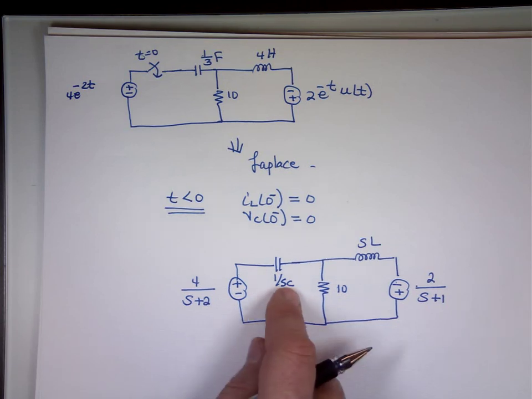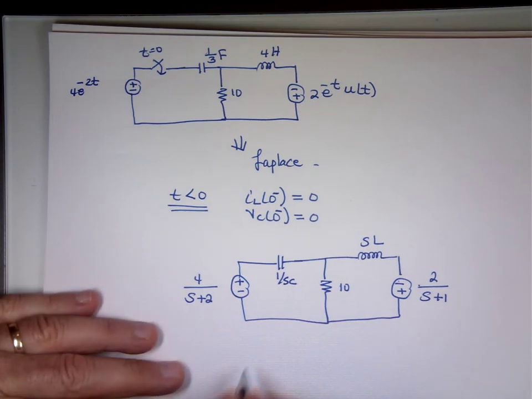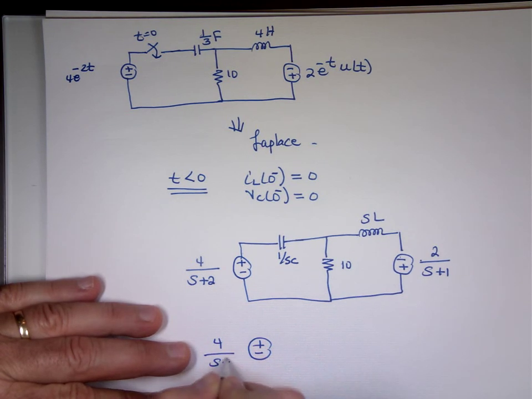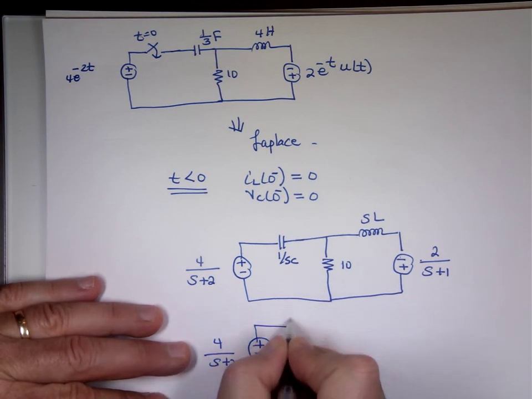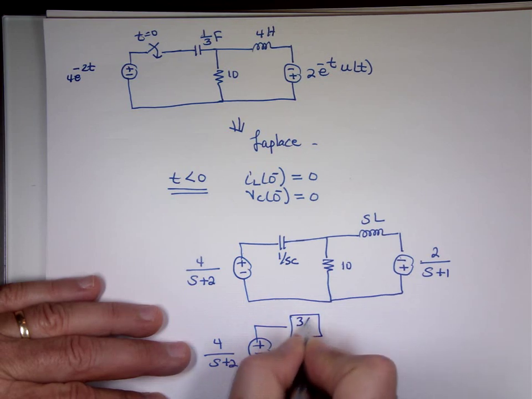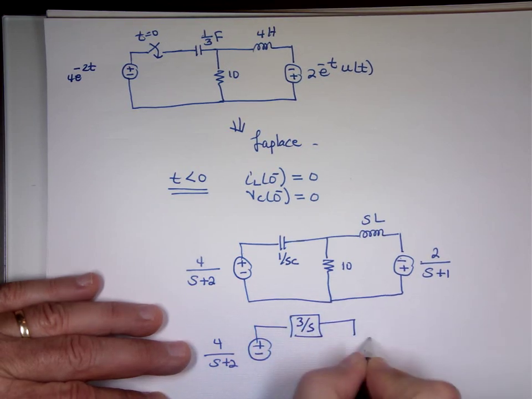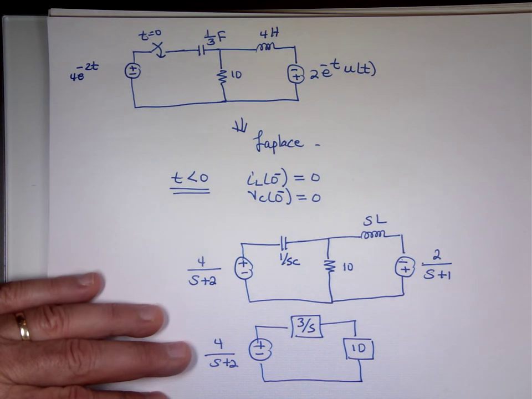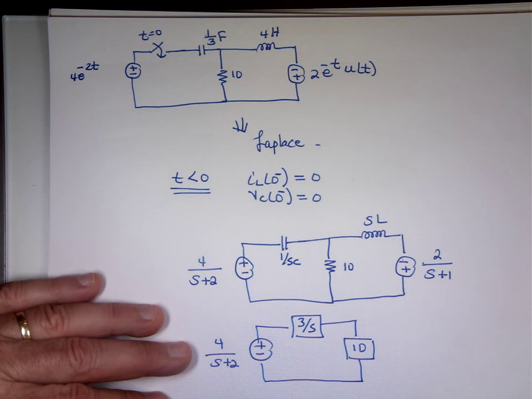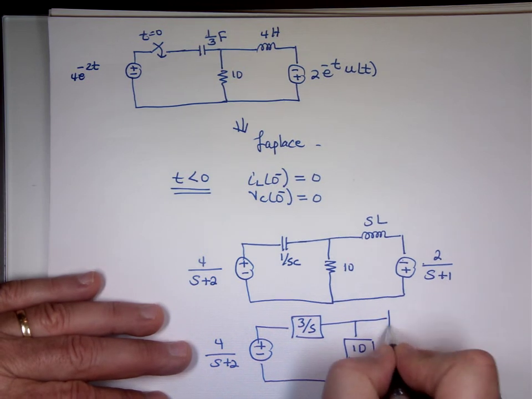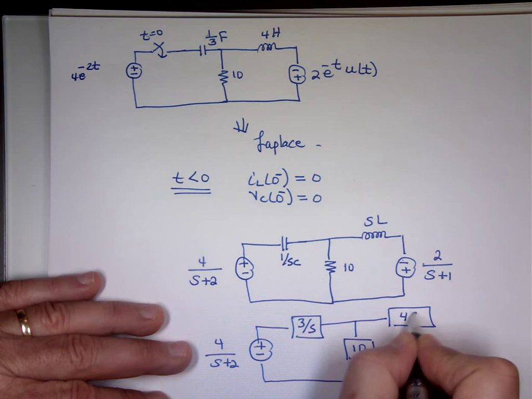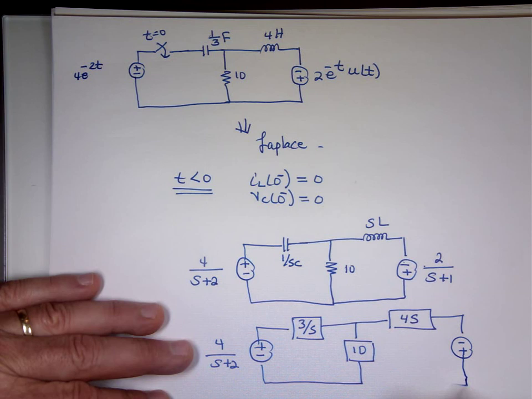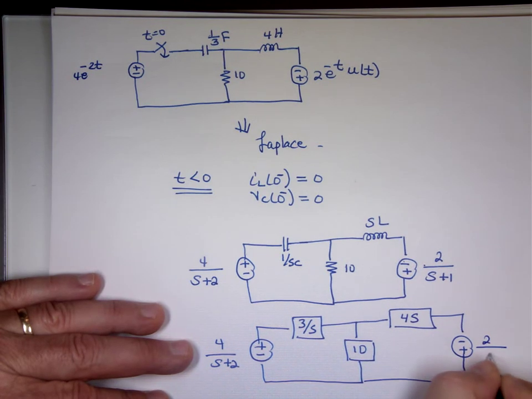Let's plug in the value for C. We say 1/3. That's 3 over S. That's 10. I'm not even drawing pictures anymore, like capacitors, inductors. And this is 4S.